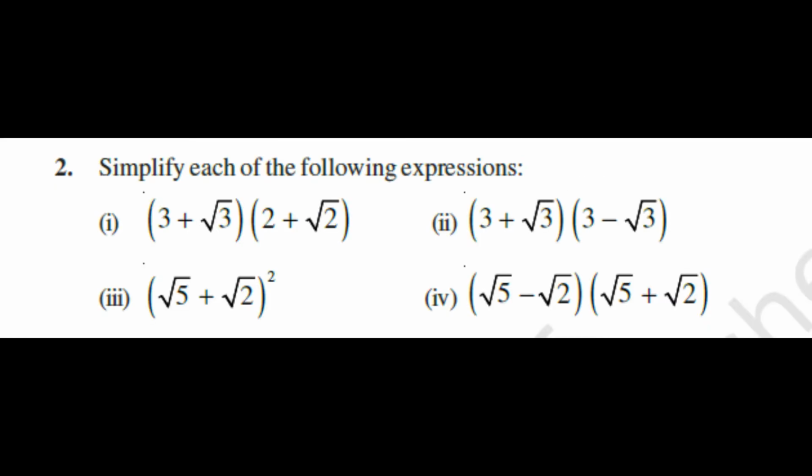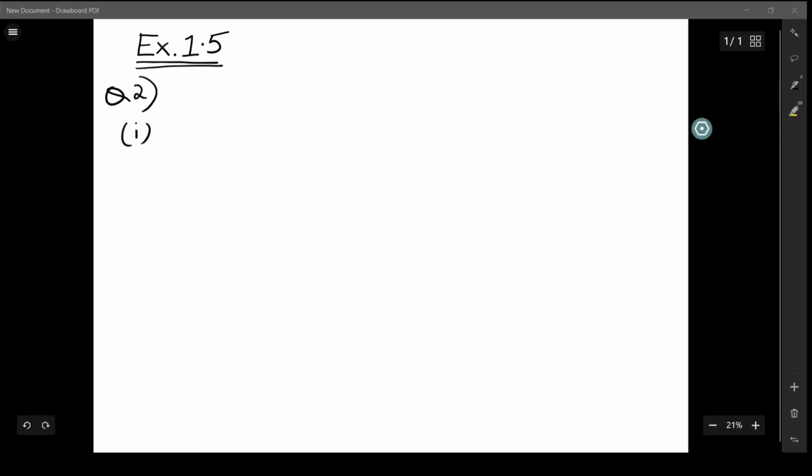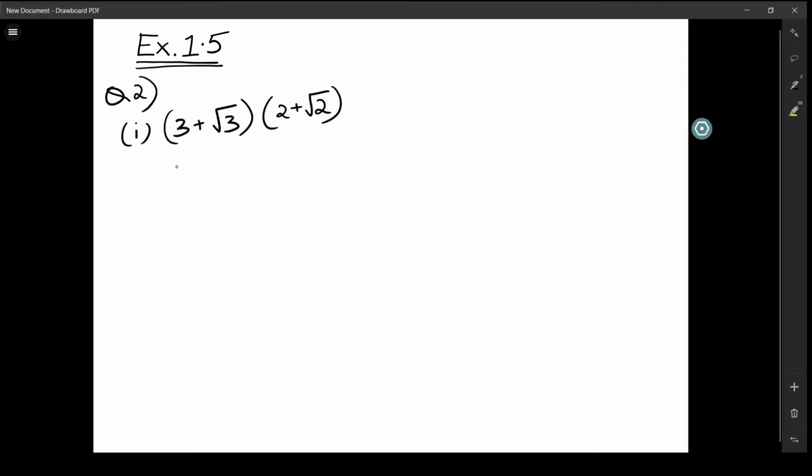Moving to question number 2, it's asking us to simplify each of the following expressions. The first part is 3 plus root 3 multiplied by 2 plus root 2.